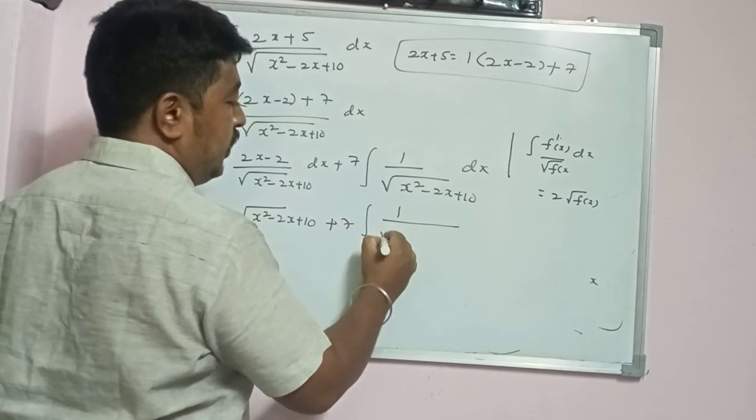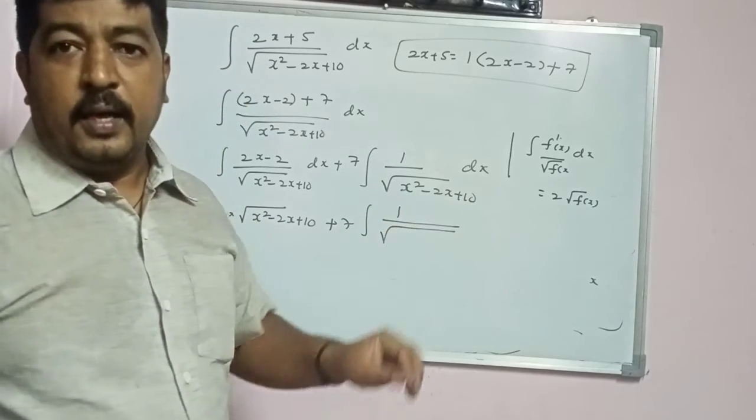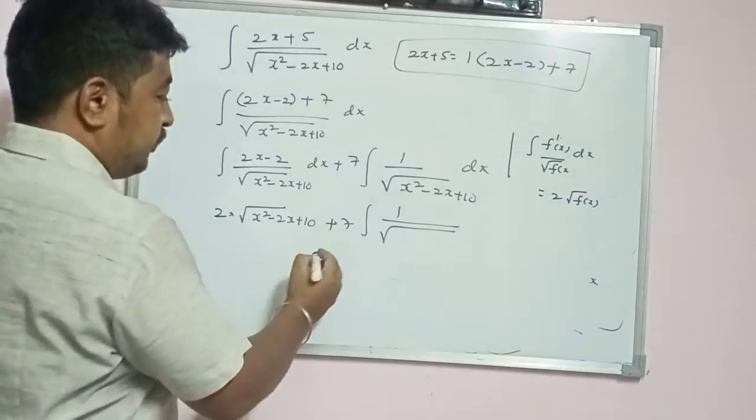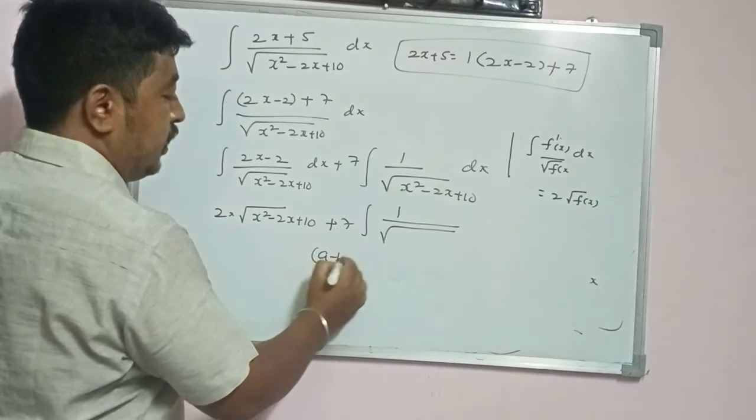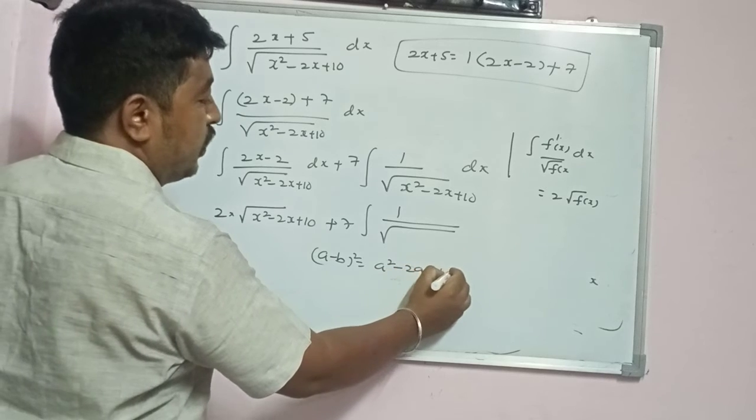The same procedure applies here. This x square minus 2x plus 10 is of the form (a minus b) whole square, which is a square minus 2ab plus b square.